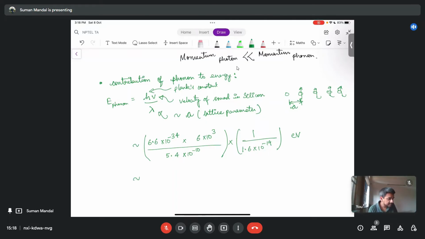Now, if you multiply all these values, it is 6.6 into 6 divided by 5.4 into 1.6. It's approximately 0.05 eV.